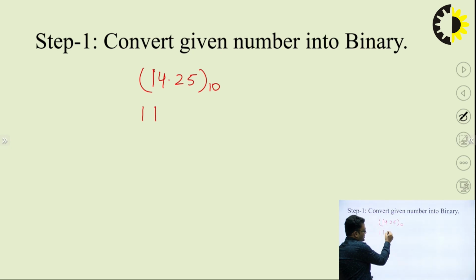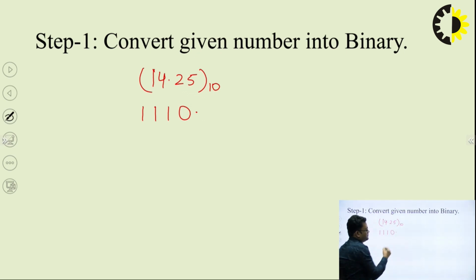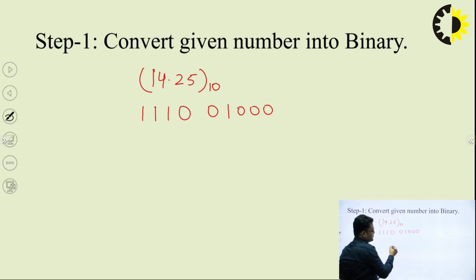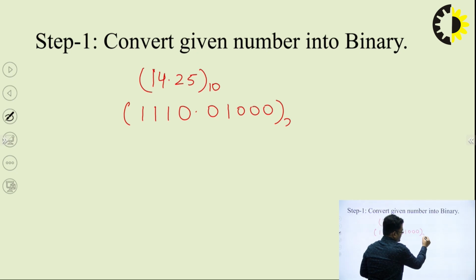The binary of 14 is 1110, point, and the binary of 0.25 is 01, and we can use 4 to 5 digits after the point. So this is my binary number. I hope you know how to find the binary of a given decimal number.